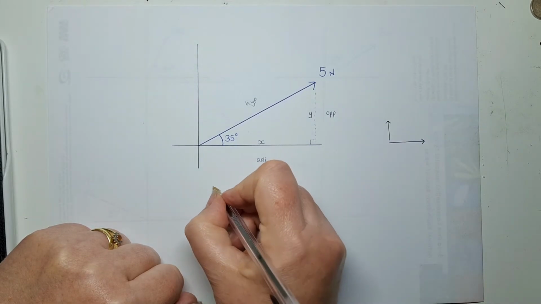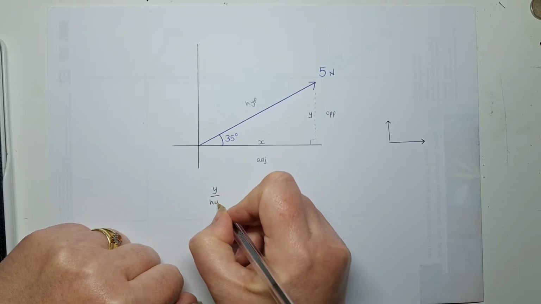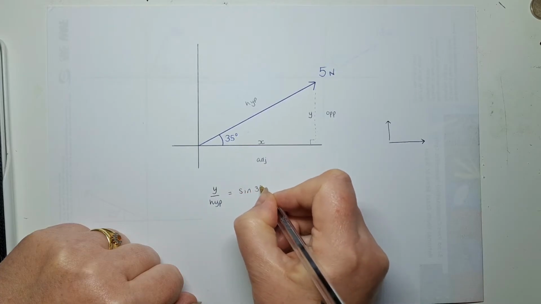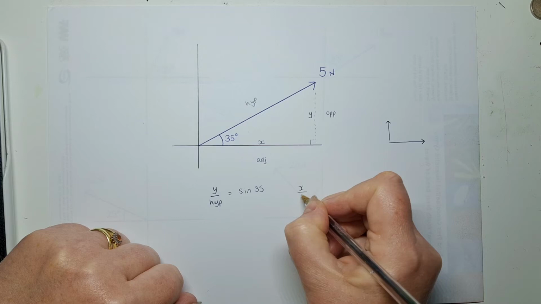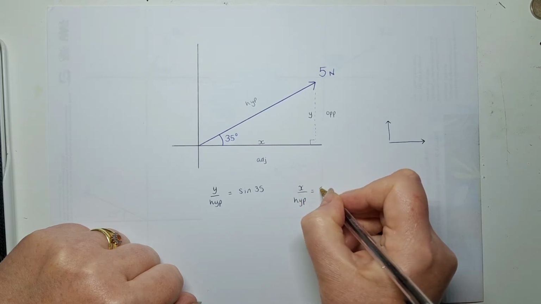So I can say that y divided by the hypotenuse is sine 35. And I can say that x divided by the hypotenuse is cos 35.